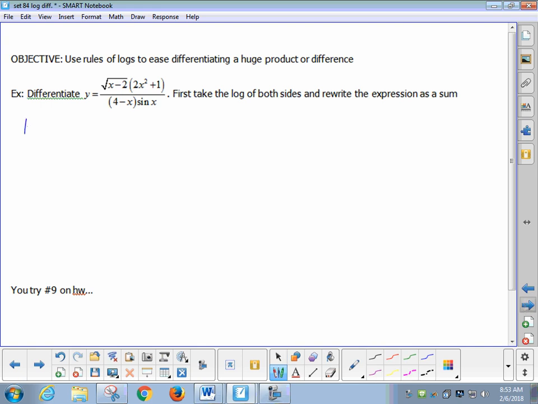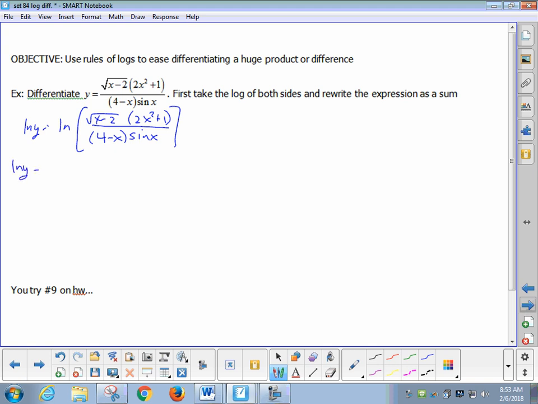If you take the log of both sides, that is mathematically sound, as long as you're doing it to both sides. Now you might say, why would you do that? It seems like you're taking a complicated problem and making it more complicated. But in fact, you just made your life much easier.